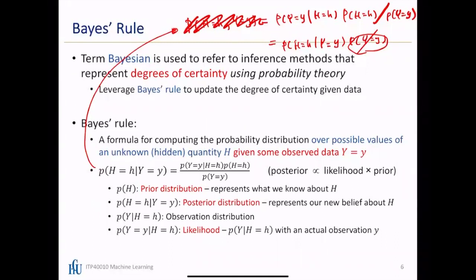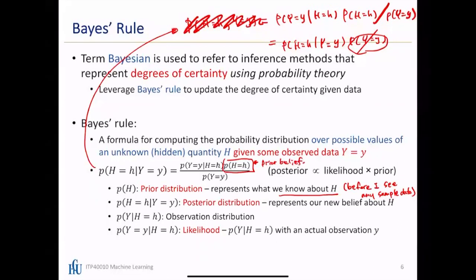And it has some meaning. Behind this expression, this term over here is commonly referred to as the prior distribution. This represents my base knowledge, before I saw any sample data. P(H) over here represents my prior belief.